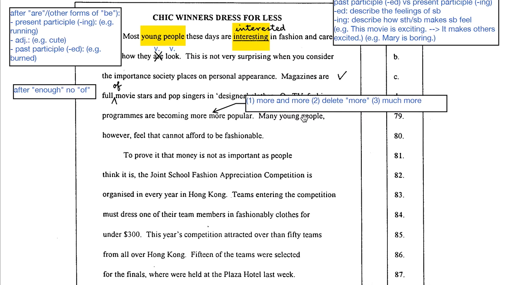Number 80. Many young people, however, feel that cannot afford to be fashionable. The problem is, see this area I've highlighted. Let's make it more accurate. Okay? After the word that, we call it a that clause.